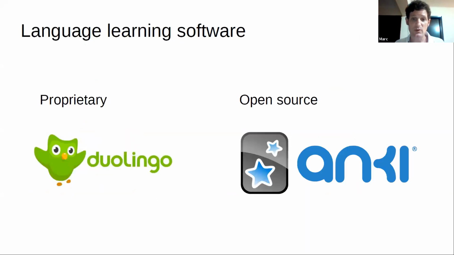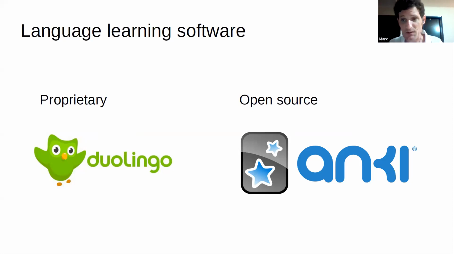Let's take a look at language learning software that's out there. There are some proprietary forms and some open source, and we're essentially trying to combine some of the elements of both. Duolingo, for example, is a proprietary language learning software, and it has a variety of problems in addition to vocabulary.